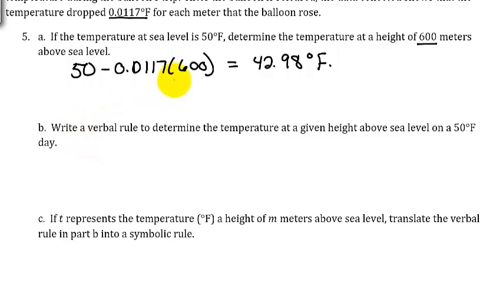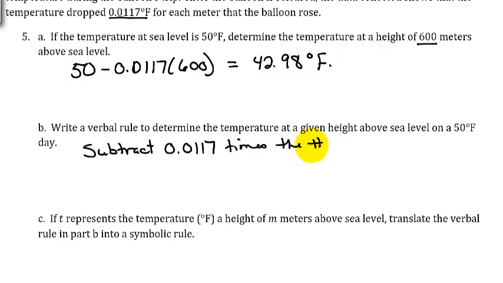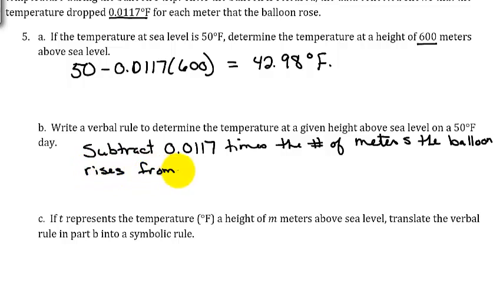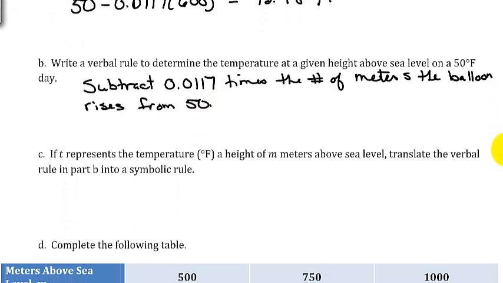And so what we're going to do is we're going to subtract 0.0117 times the number of meters the balloon rises from 50. So that's our verbal rule telling us what we're going to do.